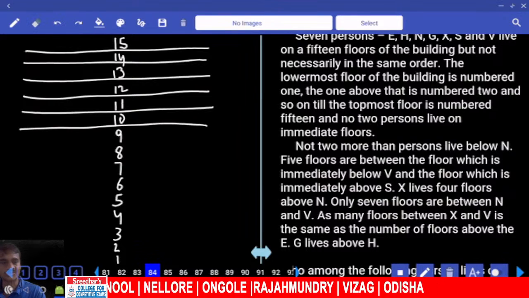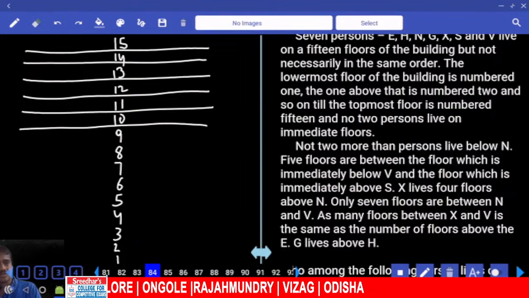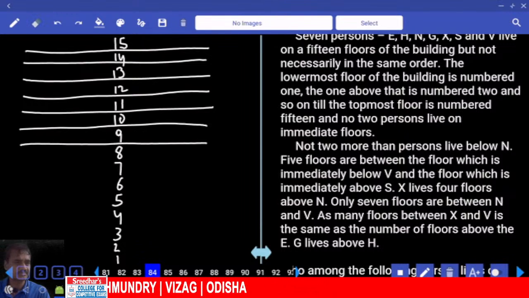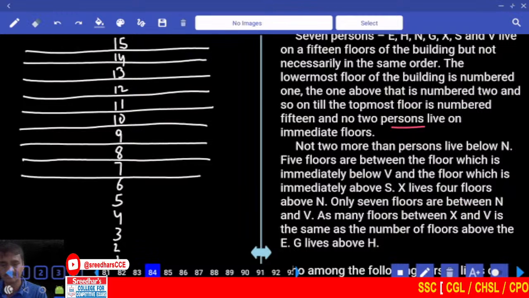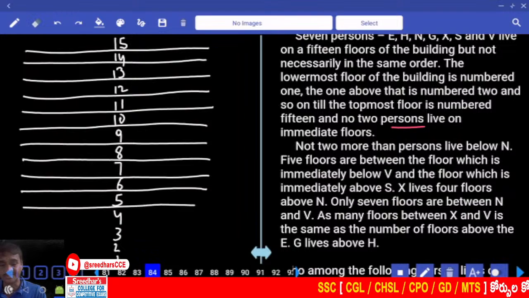Then what is the first condition we have? No 2 persons live on immediate floors. No 2 persons living on immediate floors means every person is staying at alternate floors.